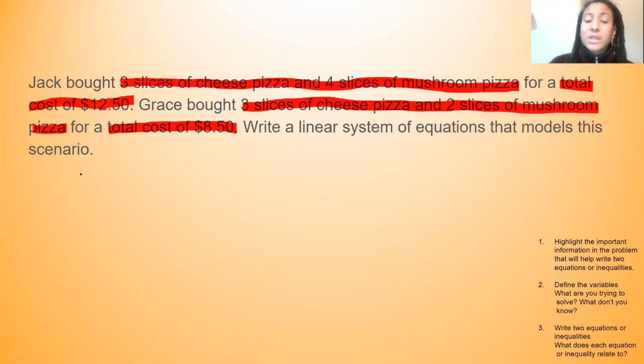First thing is we need to define the variables, okay? So what are we talking about? We need to talk about two different variables in here. So what do you think our two different variables can represent? First variable will represent the cheese pizza. And our second variable will represent mushroom pizza.